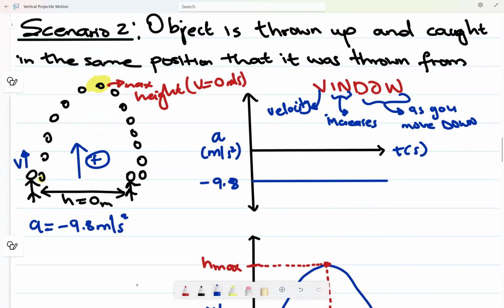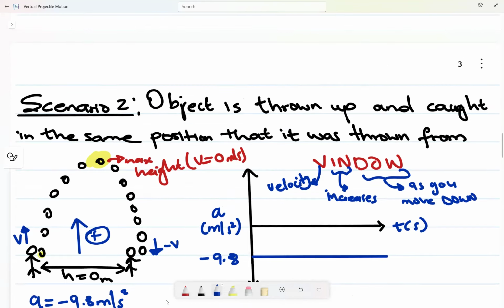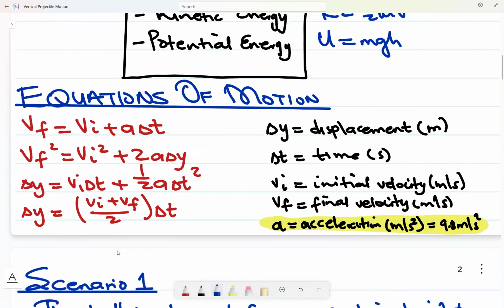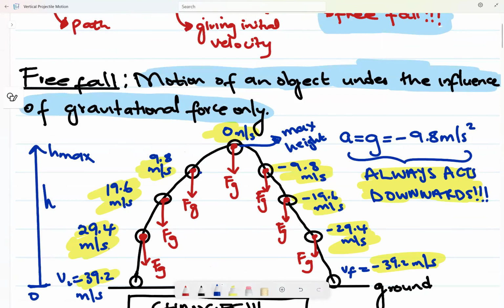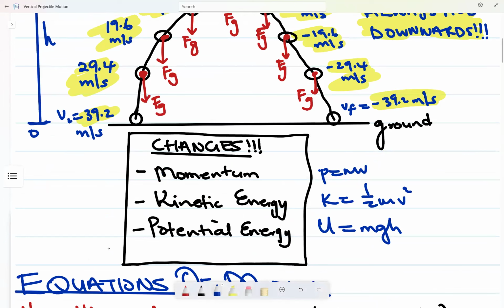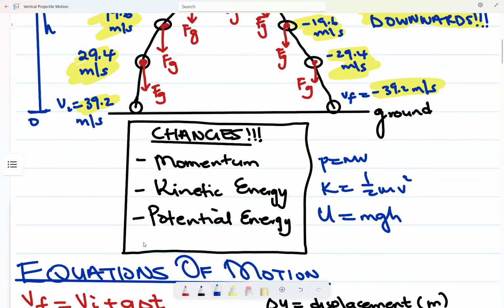This velocity that it is thrown upwards with is going to be the same velocity that it reaches the hand with, but now in the opposite direction. Remember, if it goes up with an initial velocity of 39.2, it is going to come back with the same 39.2, but in the opposite direction.